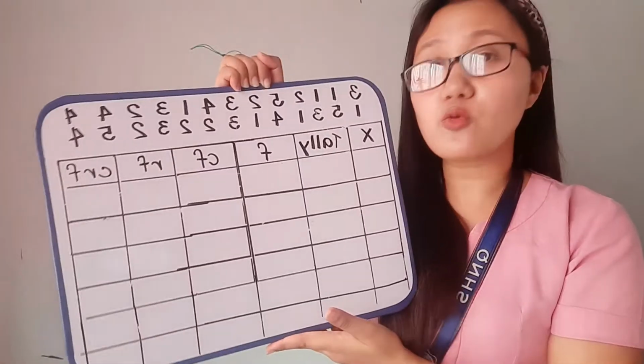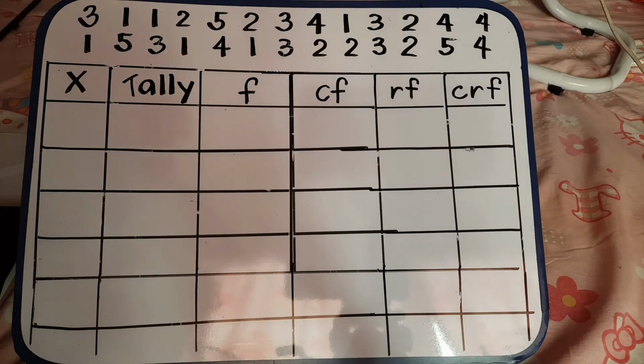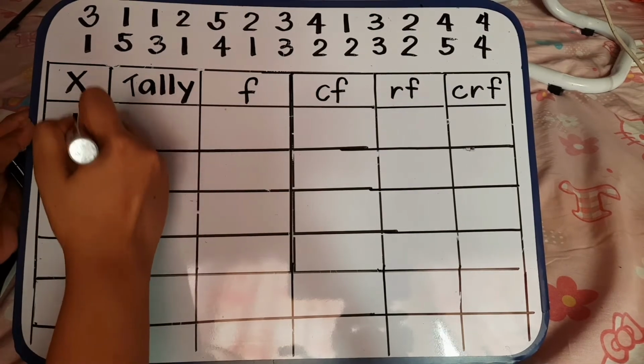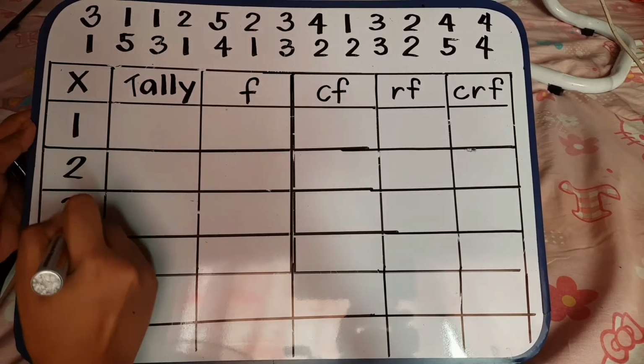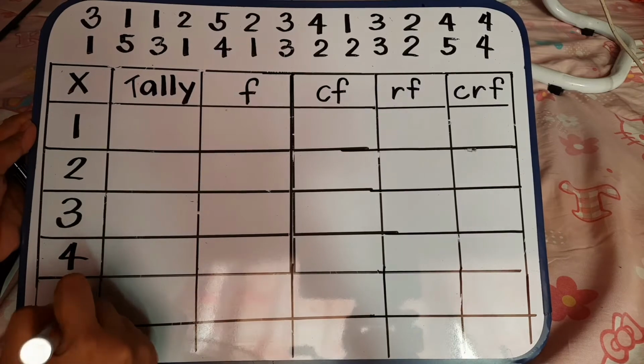So, paano ba natin makukuha to? So, panoorin nyo. Okay, so first, we have to write the scores here. So, X means this is the scores, okay? So, since 1 yung pinaka-lowest natin, we have here 1, 2, 3, 4, 5.